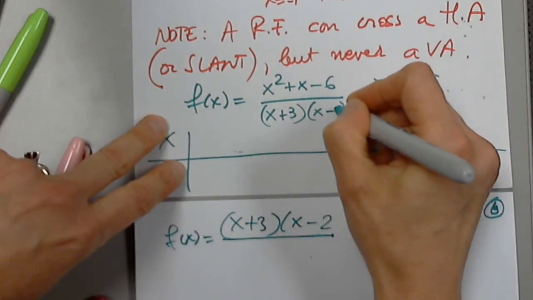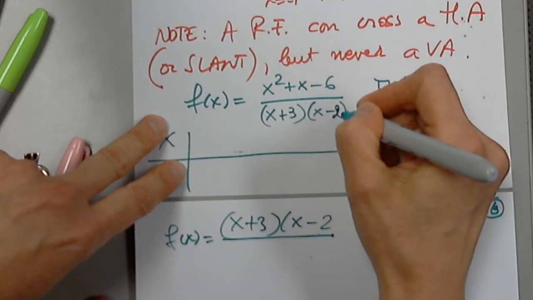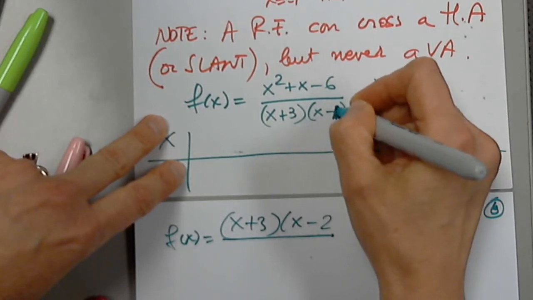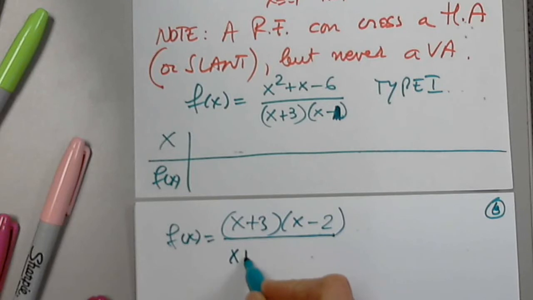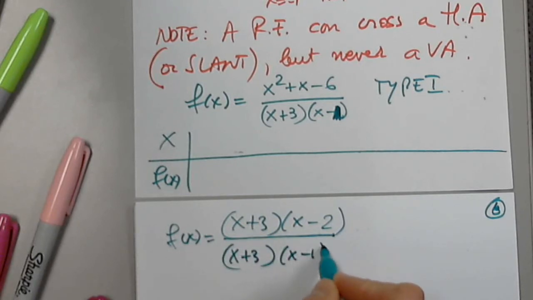Right. I'm going to have to change this. Oh, no. I don't want to change anything. Sorry about that. Okay. Perfect. So here's the question for you. What restrictions on X will you write? What can X not be?